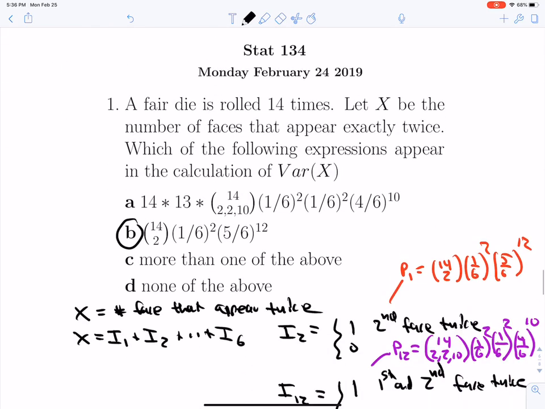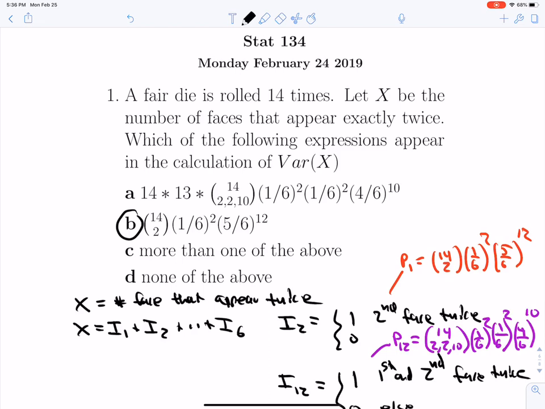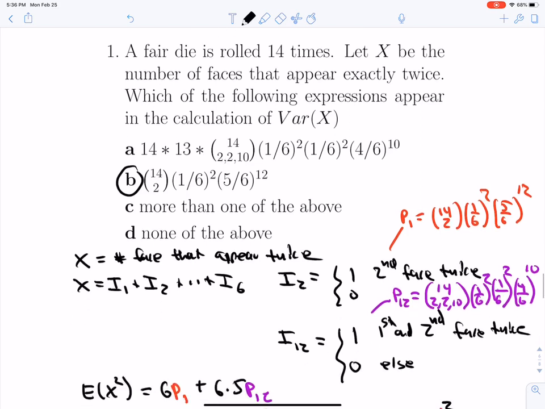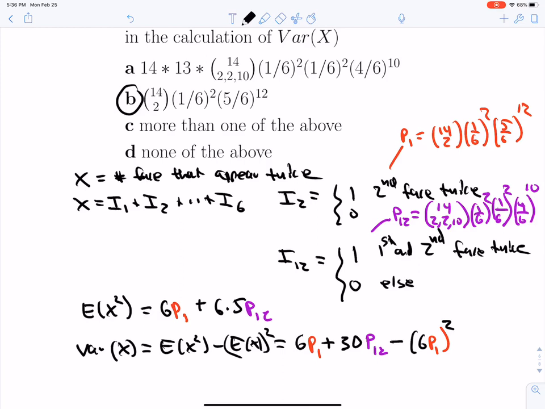So here we do a concept test. A fair die is rolled 14 times. Let X be the number of faces that appear exactly twice. Which of the following expressions appear in the calculation of the variance of X? And so here X is the number of faces that appear twice.